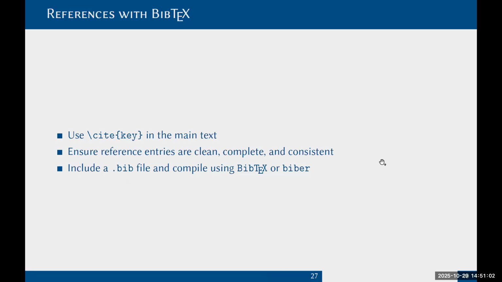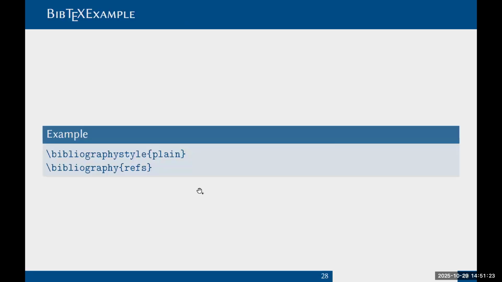And then you can use the cite key in your main text to add references in your article, and ensure reference entries are clean, complete, and consistent, right? Inconsistency may lead to rejections or multiple revisions.